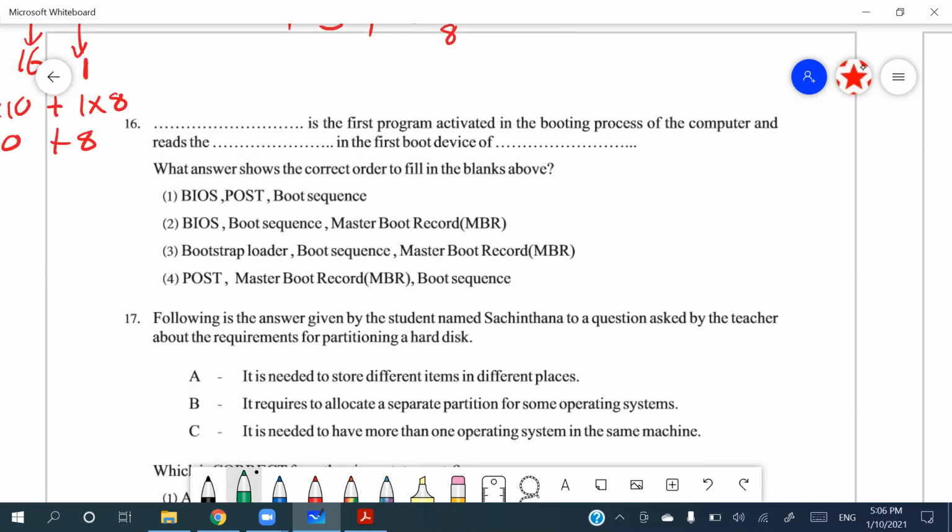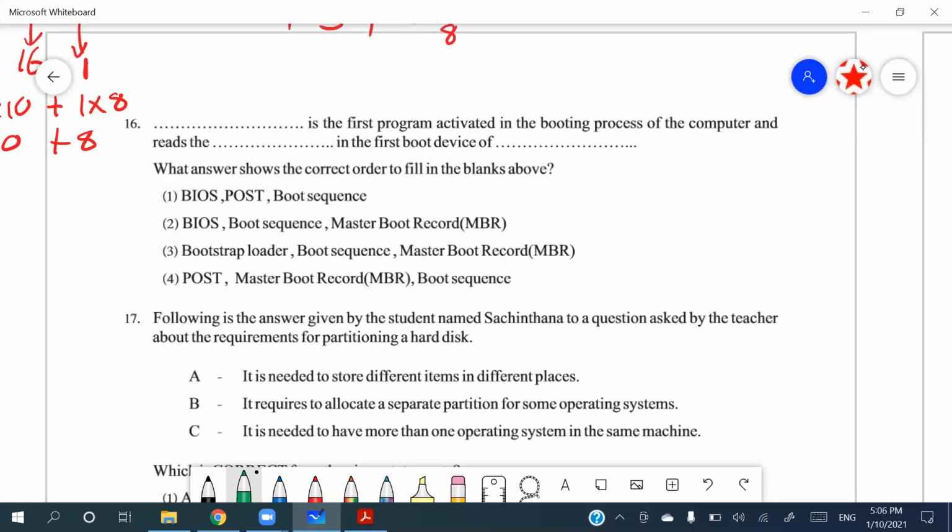BIOS, basic input output system, right? And hold on, there is a conflict between the BIOS and the POST. BIOS activates first, then the CMOS goes with the POST program. They are referring to it as a first program.